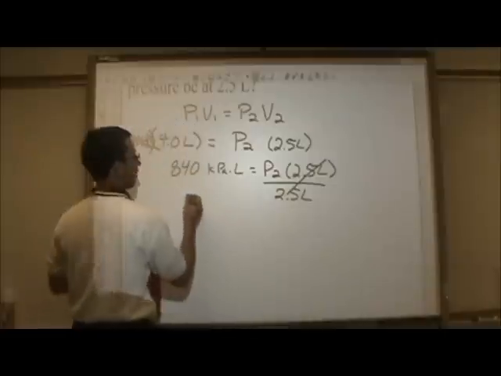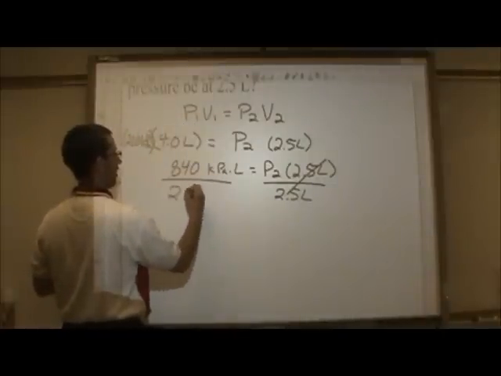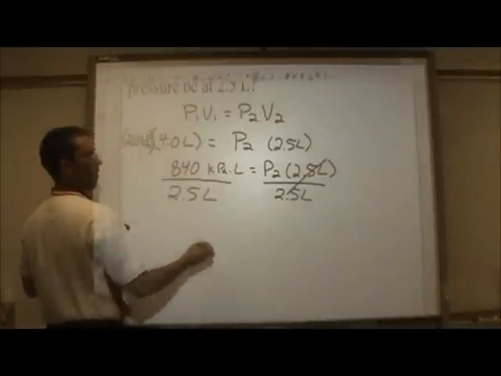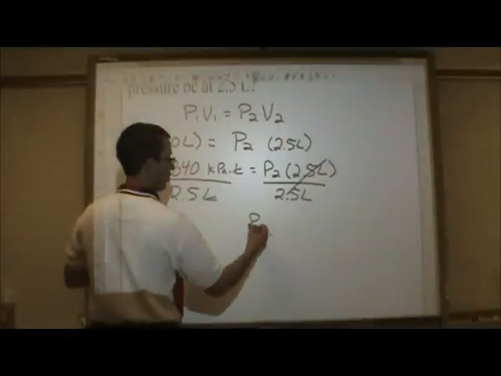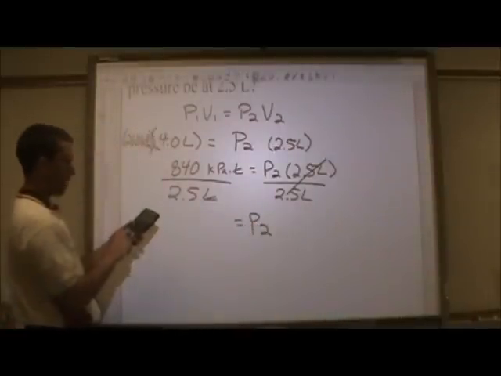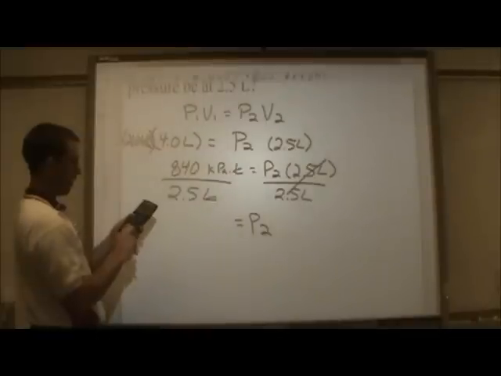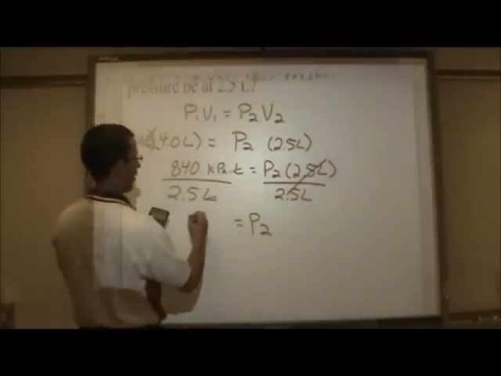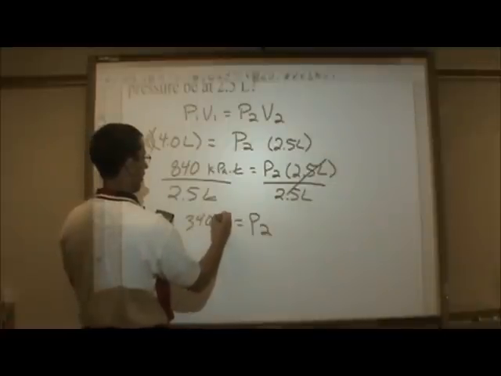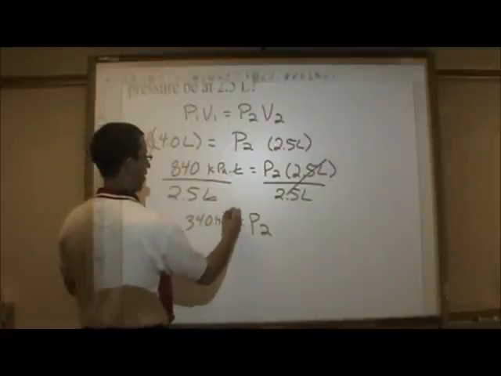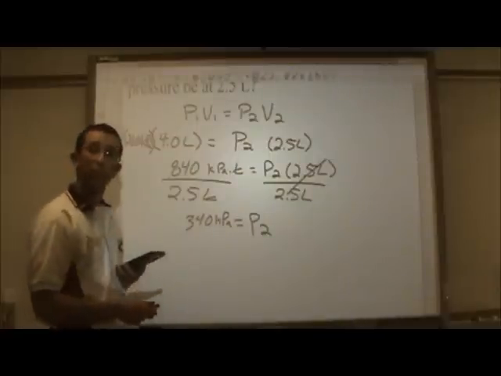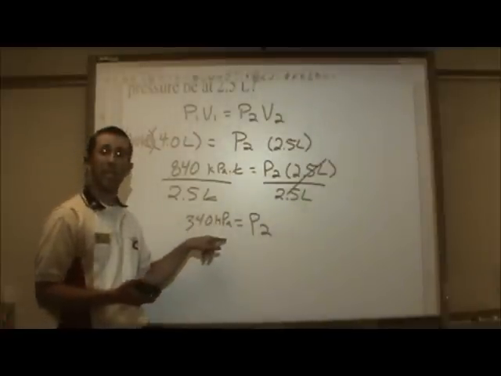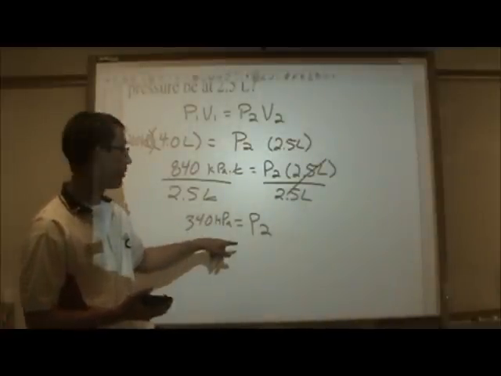So let's divide by the 2.5 liters on both sides. Your liters are going to cancel out. P2 is equal to 840 divided by 2.5, with 2 sig figs, you get 340. Our only unit left is kPa, which makes sense because we're dealing with pressure, and kilopascals is a measurement of pressure.